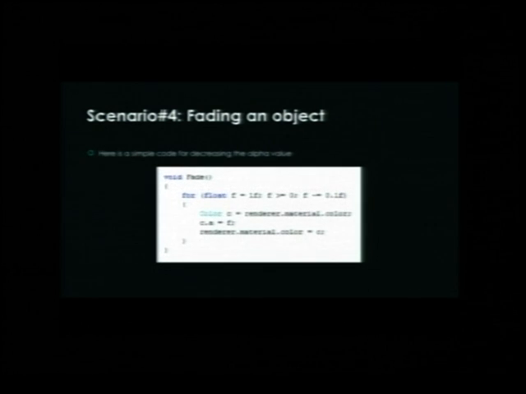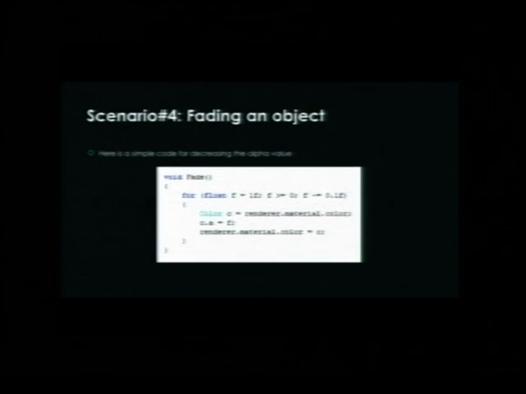Start with scenario number 4, fading an object. Again, it is a very easy function, right? But when we run this function in update, what happened? It disappears instantly.